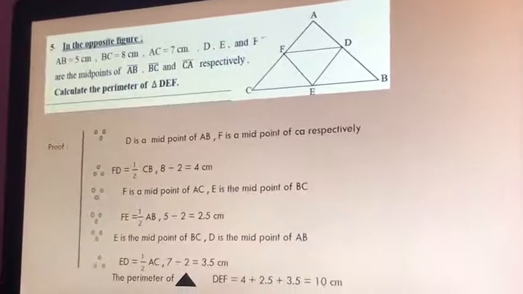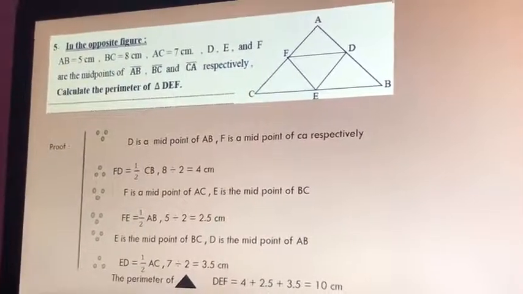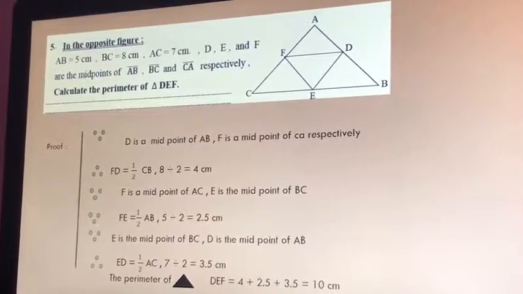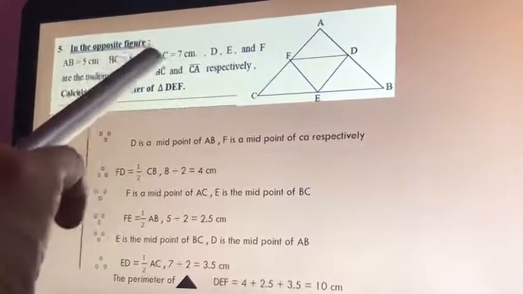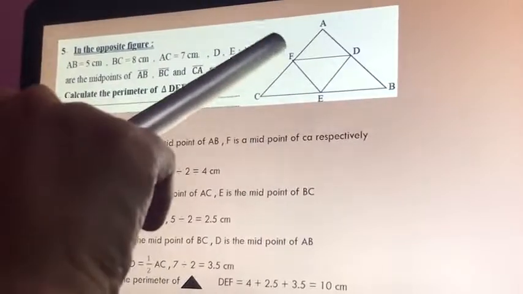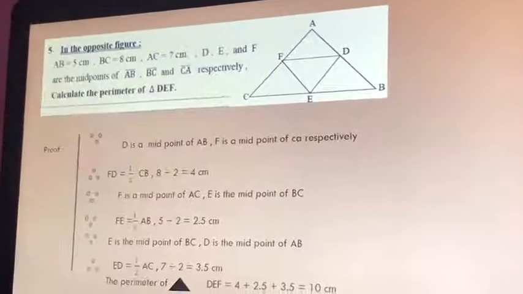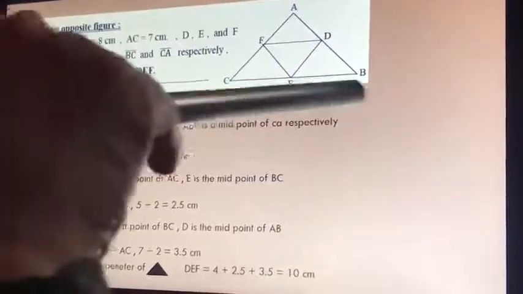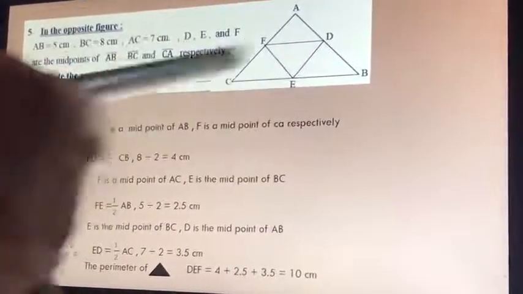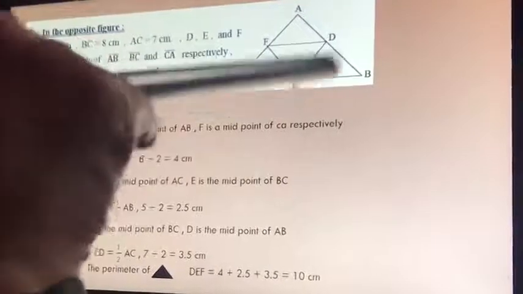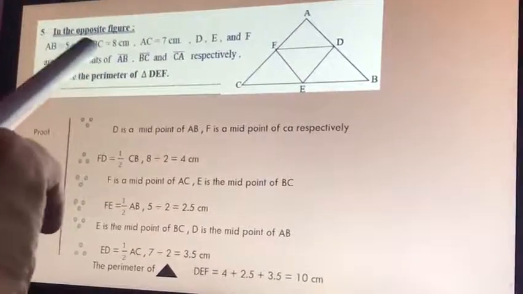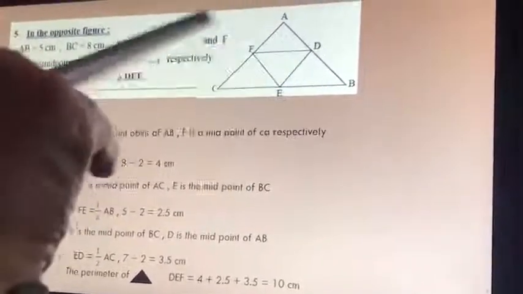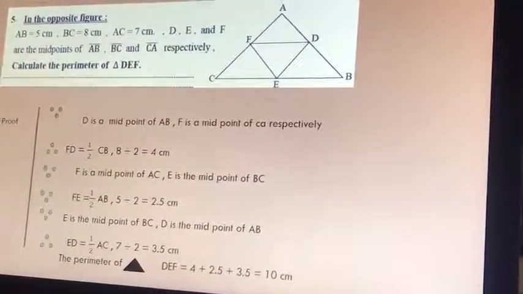Again, for the last time. The first thing I have to talk here, I have to mention the existence of two midpoints. Let's repeat it once more. Since F is a midpoint of AC, D is a midpoint of AB, therefore FD parallel to BC and FD equals half BC. Since BC equal 8, so FD equals 4.